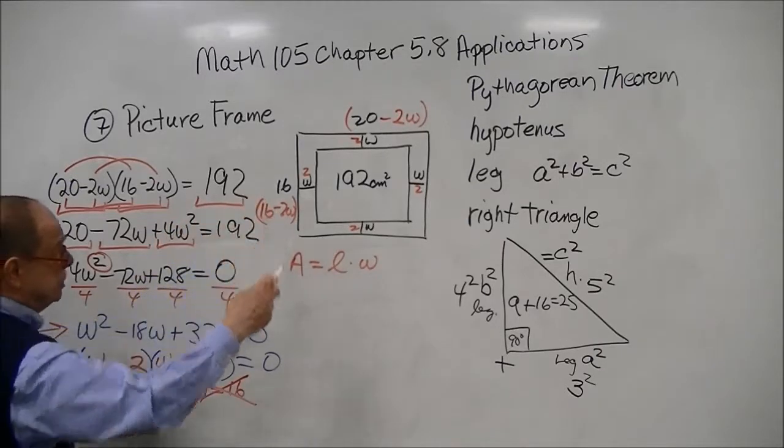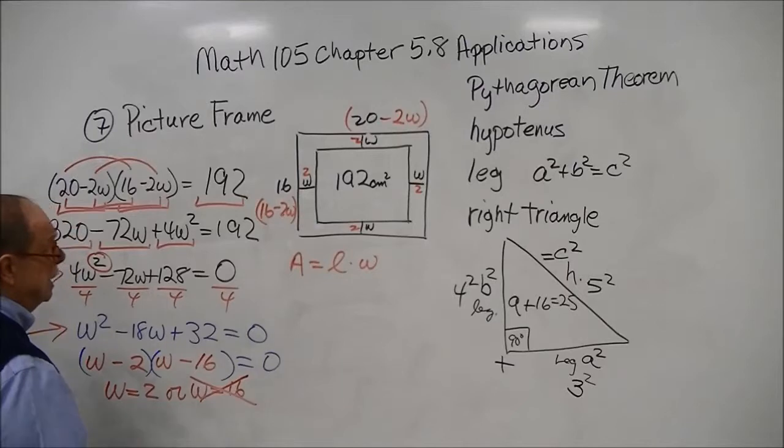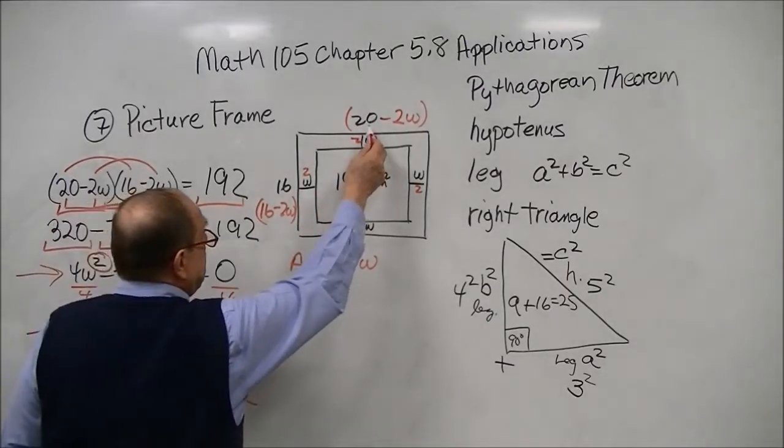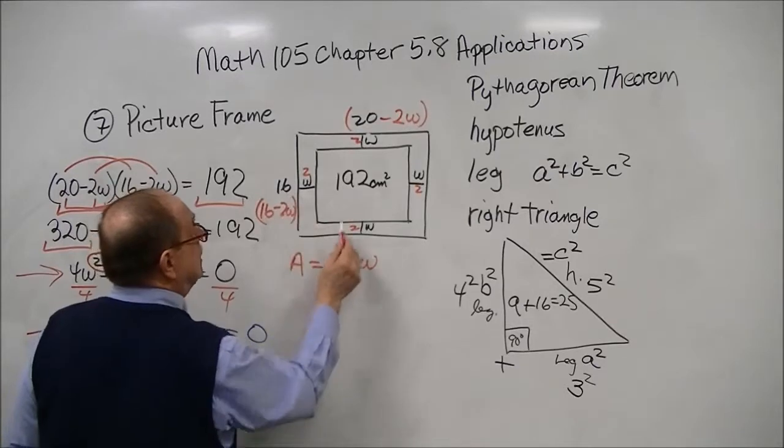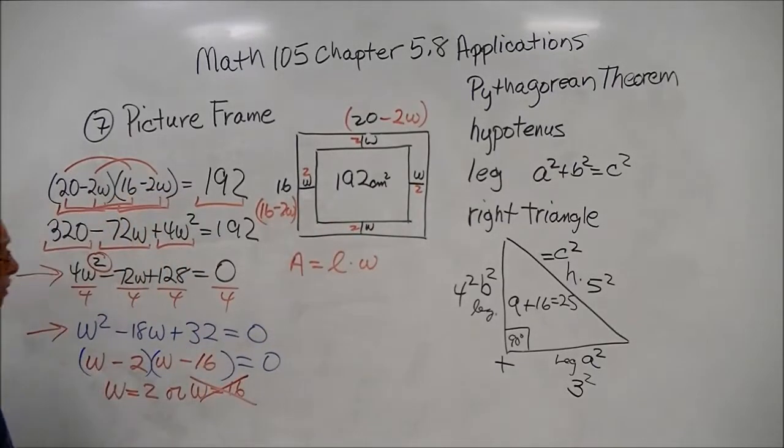And then if we were to check it, 16 times 12 would be 192.